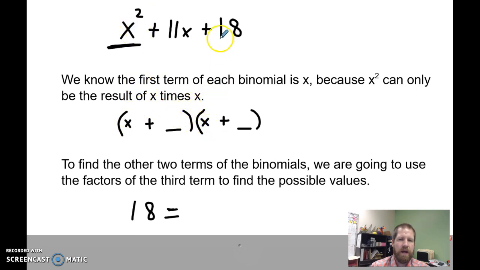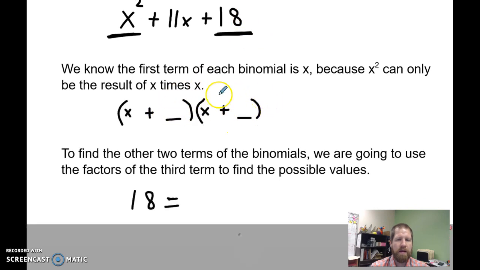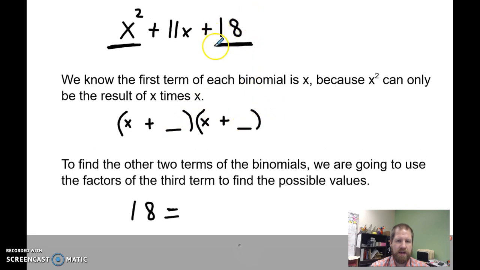And then I know my third term has to be the product of two numbers. There's no variable here, so there's not going to be any variables in my second terms. My second terms also have to be factors of 18, because it has to be these two numbers multiplied together that gives me the product of 18.